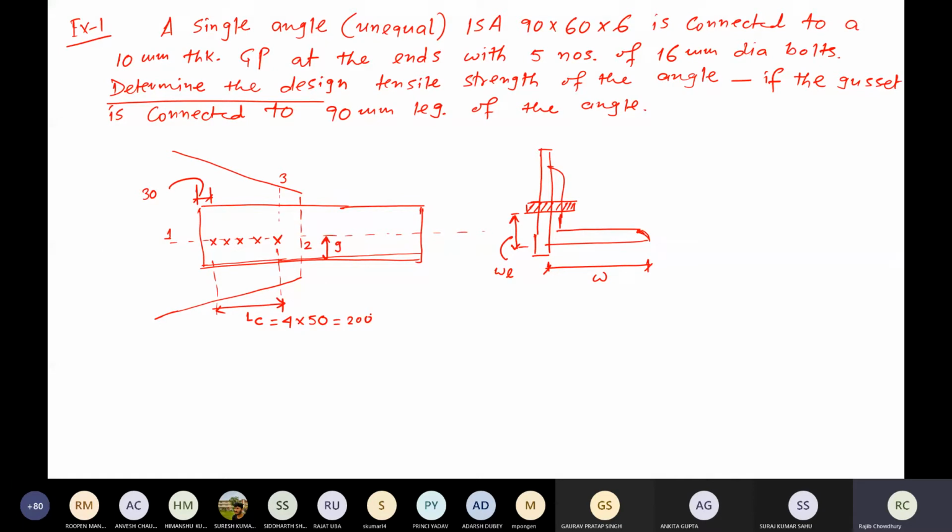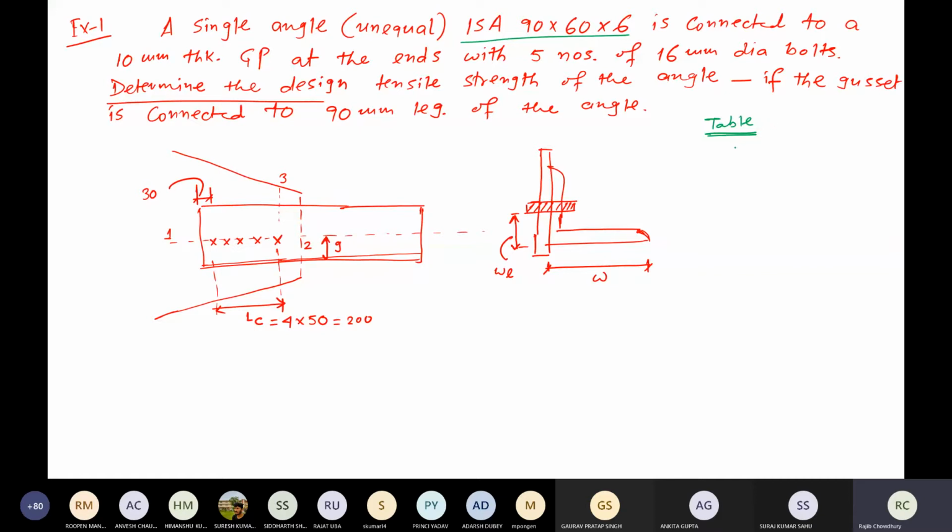Now from the table, this particular data is given to you for ISA 90 by 60 by 6. From the steel table, there is another book called the steel table book, from there you can readily get the gross area of the angle section, ISMB I section, channel section.